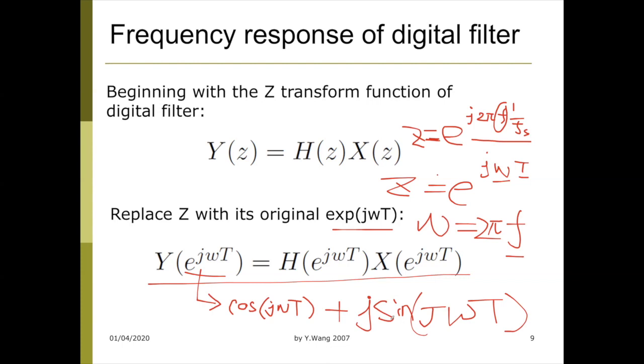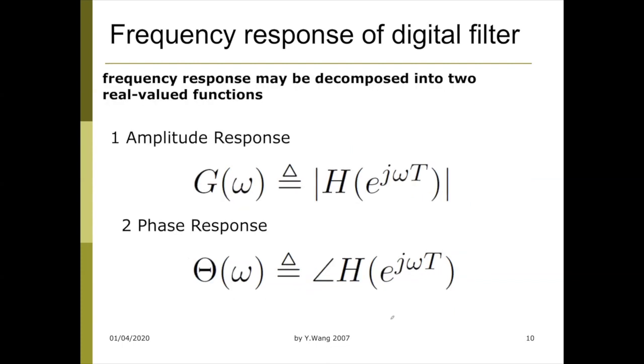Okay, so to calculate the magnitude response, there's a formula. We do not require people to do that. It's just knowledge for people to know. So the amplitude response, which is the magnitude response, is basically saying we need to calculate the absolute value of that.